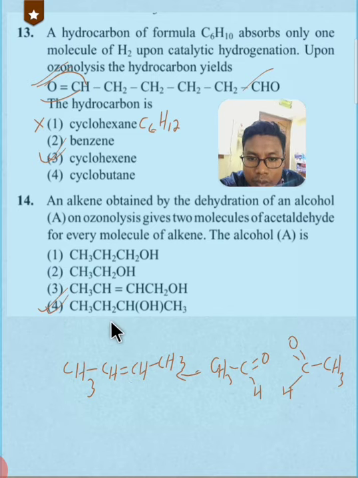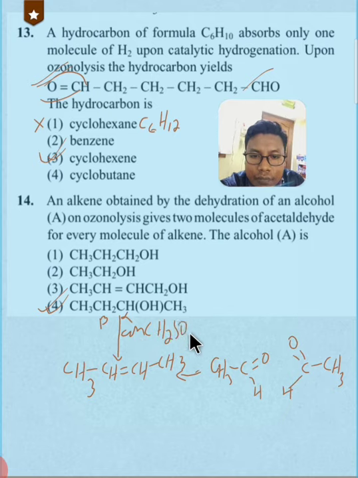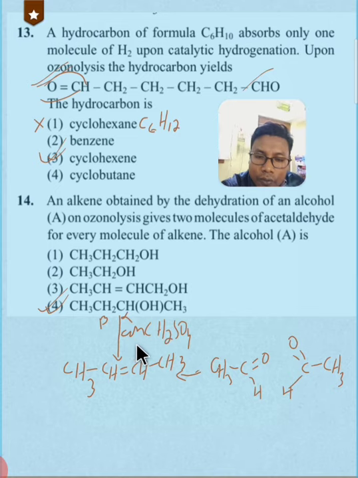and the only option according to the question is this one, because upon dehydration of this alcohol, suppose this is the alpha carbon atom and this is the beta carbon atom, hydrogen will be removed from beta carbon atom, and OH will be removed from alpha carbon atom to form this alkene. So this will be concentrated H2SO4, right, at 443 Kelvin.